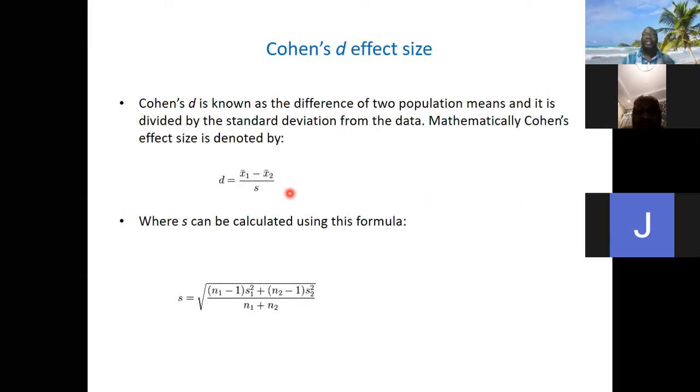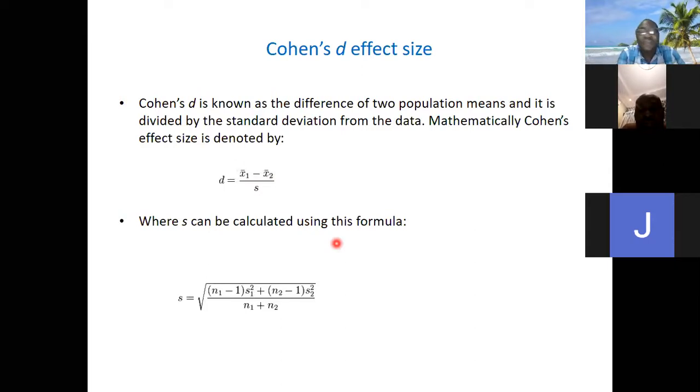So when you are dealing with the sample now, D is the same concept. The mean of group 1 minus the mean of group 2, divided by the standard deviation. It's the absolute difference, so you are not going to produce a minus there.